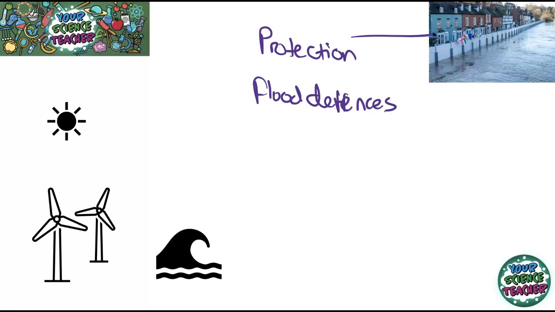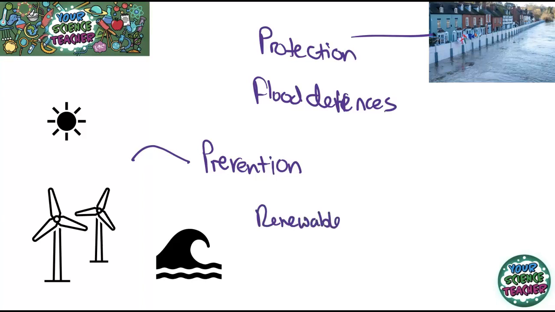So as well as protection, we also have some prevention methods as well. It's not all doom and gloom, people. Preventative methods can be switching how we produce energy. We can use renewable and sustainable methods of generating electricity that do not produce carbon dioxide.